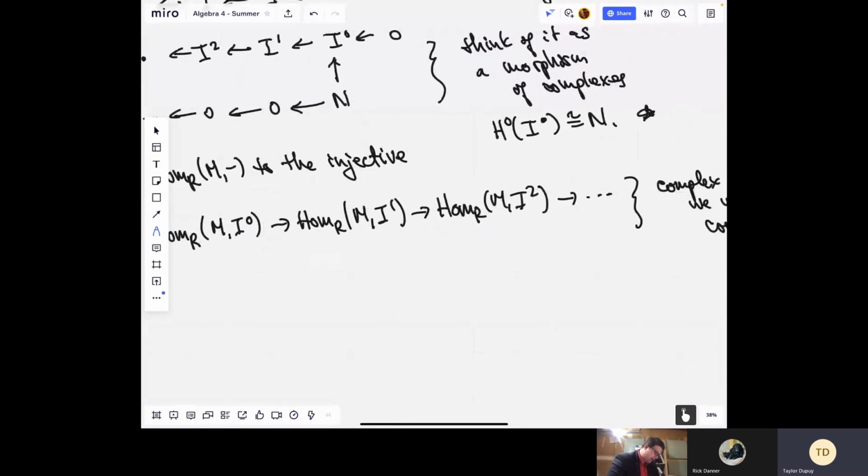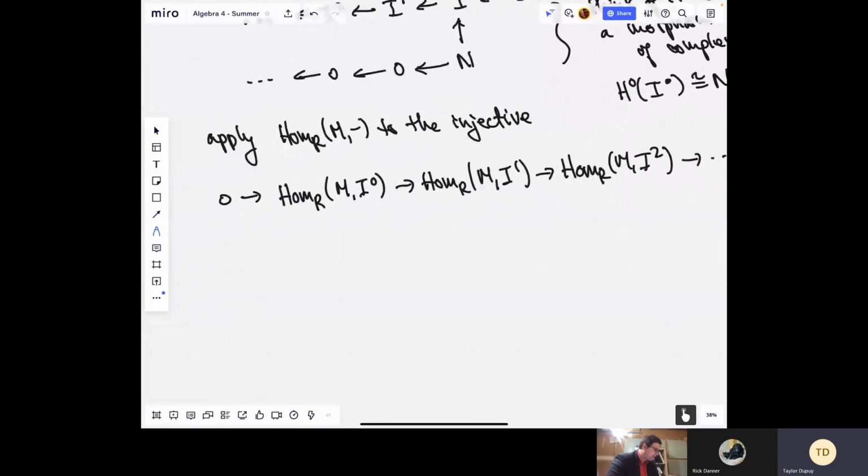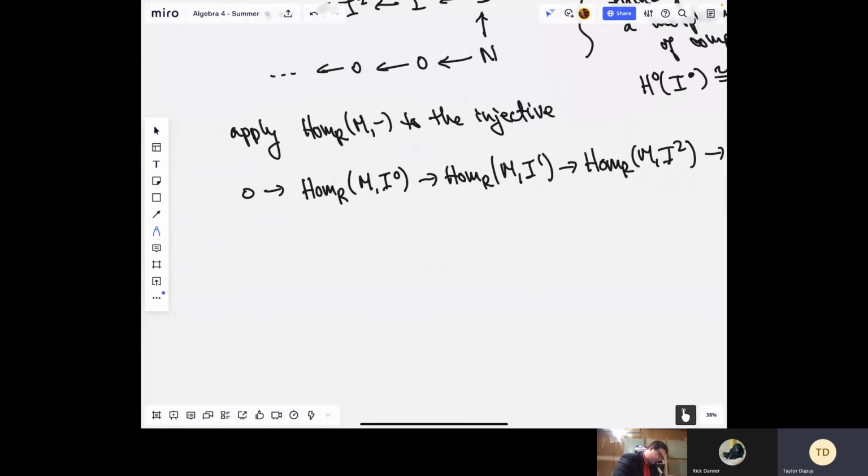So we have this complex, and what we're interested in computing is H^0. So Ext^0_R(M,N) is H^0 of this complex Hom_R(M, I bullet).